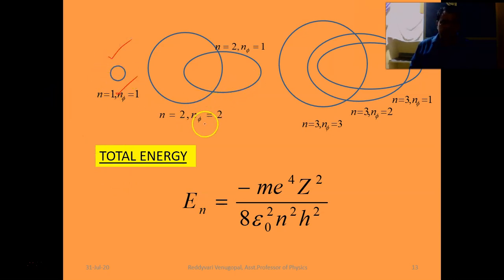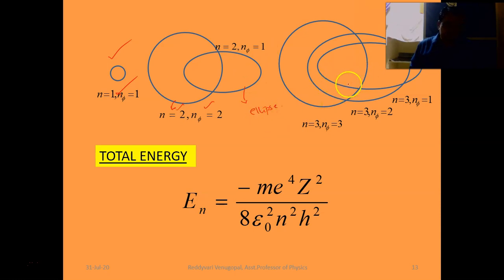And for this one, n is equal to 2 and n phi is equal to 2, both are same. That's why this orbital shape is circular. But for this particular orbital, n is equal to 2 and n phi is equal to 1, right? That's why its orbital shape is an ellipse, but the eccentricity is a little bit less.